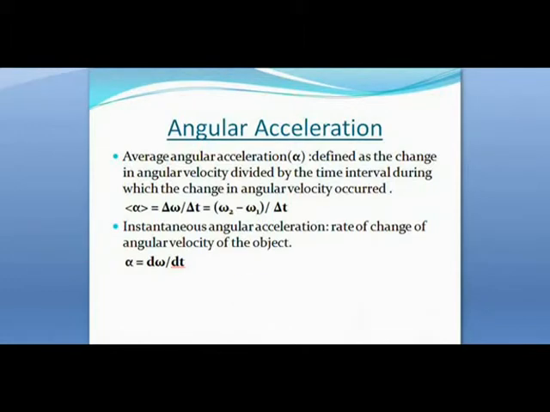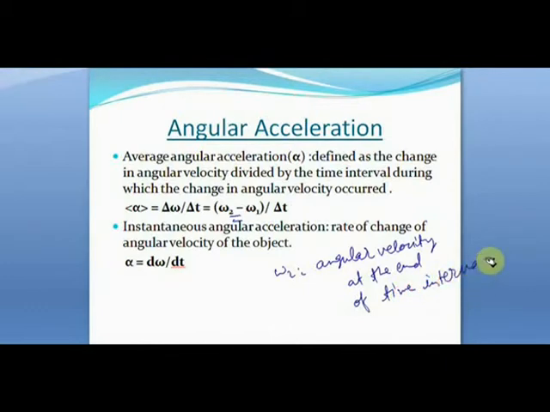So alpha will be equal to delta omega by delta t, or it will be equal to omega 2 minus omega 1 by delta t, where omega 2 is the angular velocity at the end of time interval delta t and omega 1 is the angular velocity at the beginning of time interval delta t.